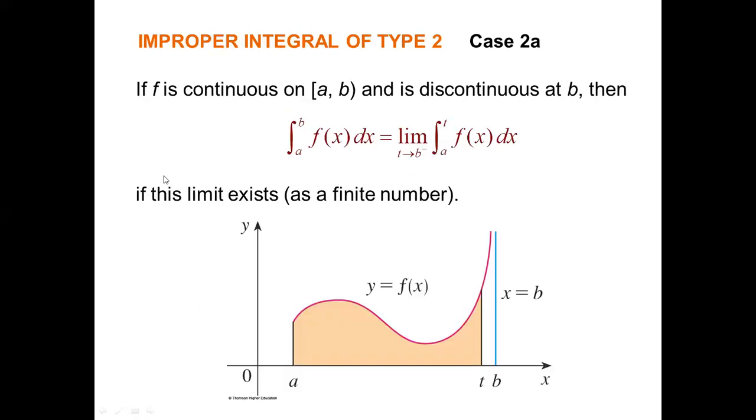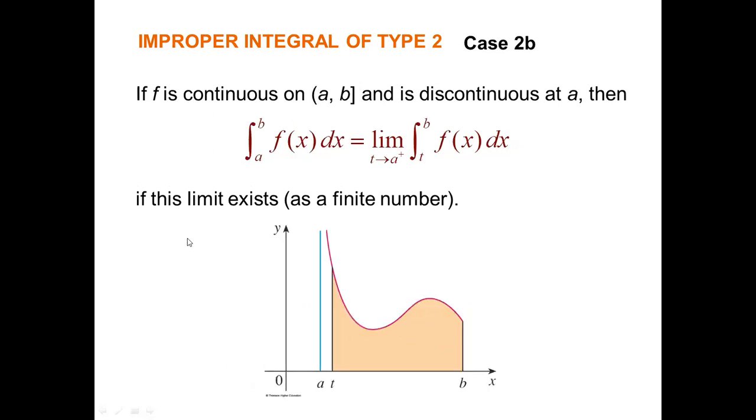If f is continuous on a to b and is discontinuous at b, in that case, as I have shown to you, then the integral from a to b of your function is equal to the limit of that same function where this time your b was changed to t and t is approaching b from the left side. If this limit exists as a finite number, then we have this particular integral in terms of the area under the curve y equal to the function of x.